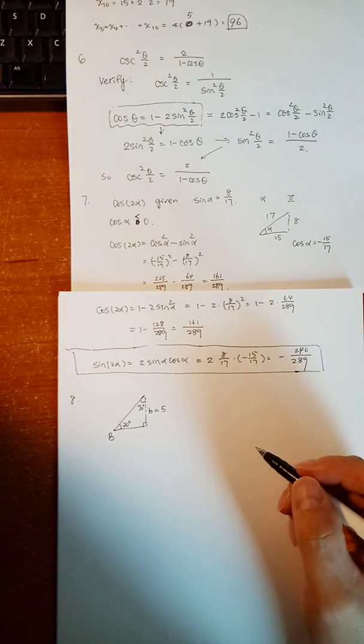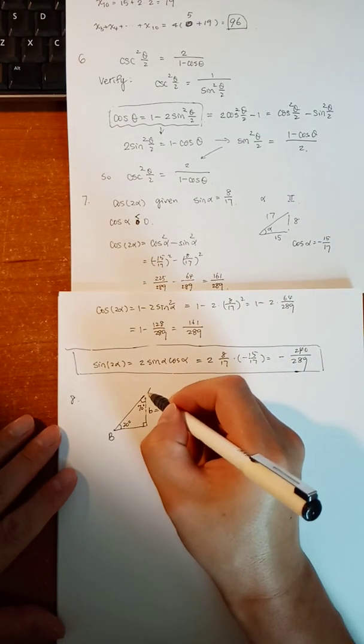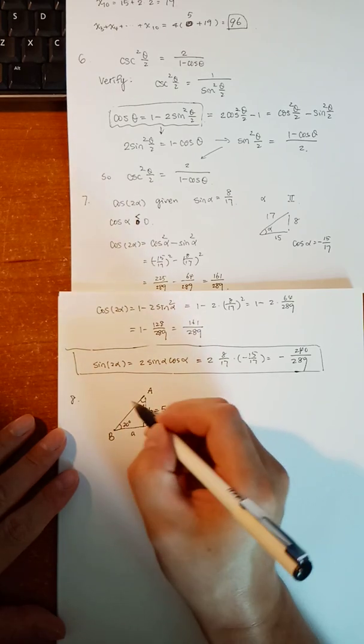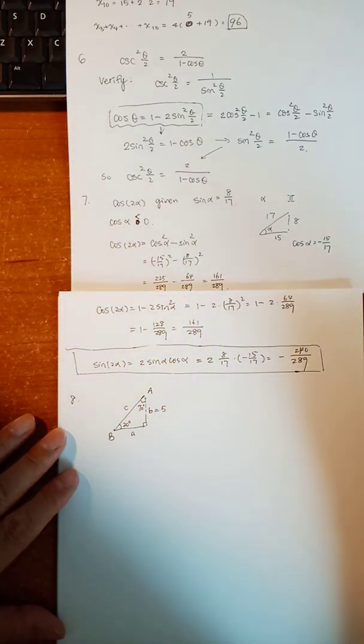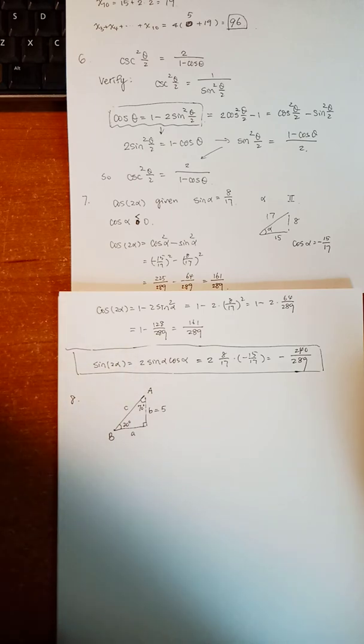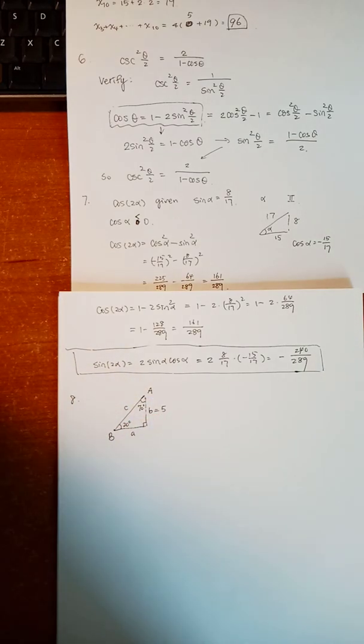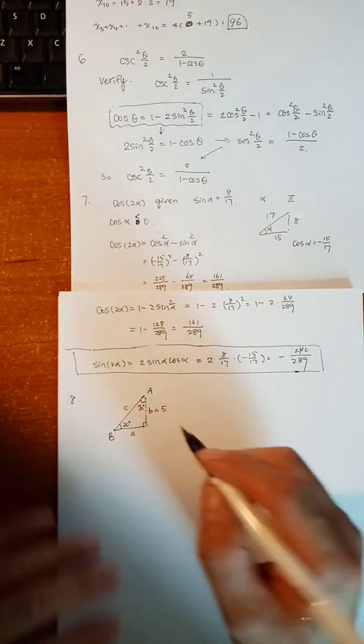Find A and C. Usually this angle is A, the opposite side is a, and the hypotenuse is c. In the problem, I should specify that A is not a right angle. If A is a right angle, there's nothing to compute, right?